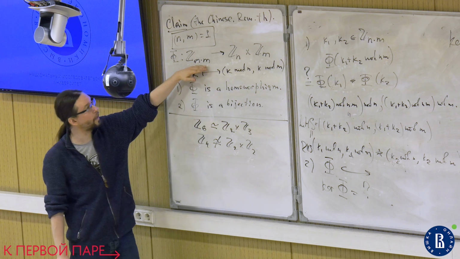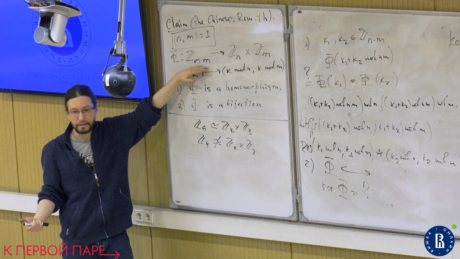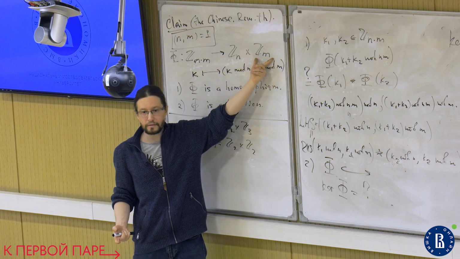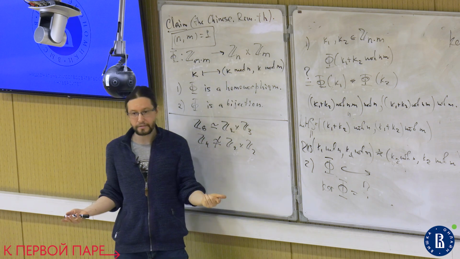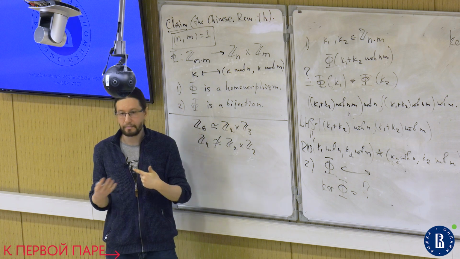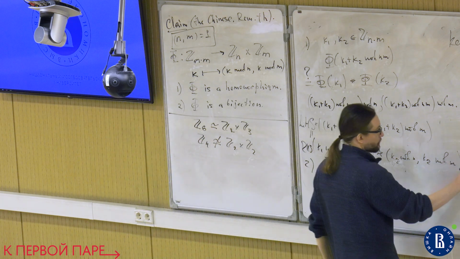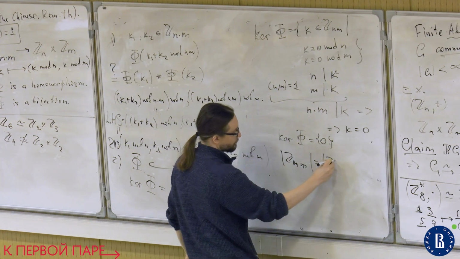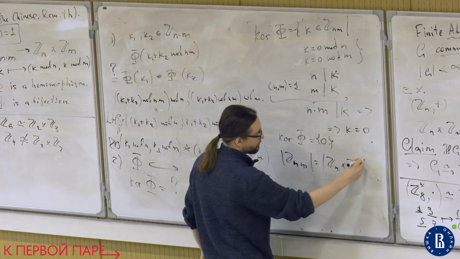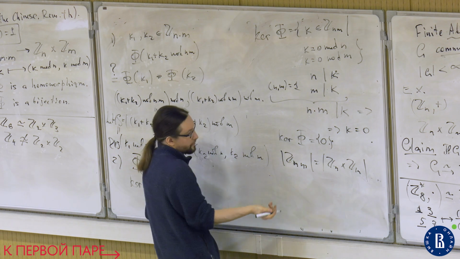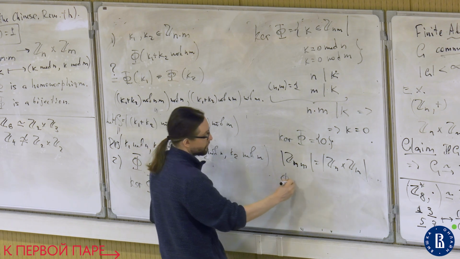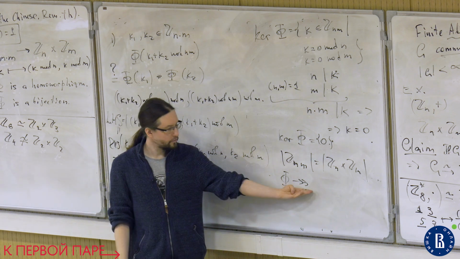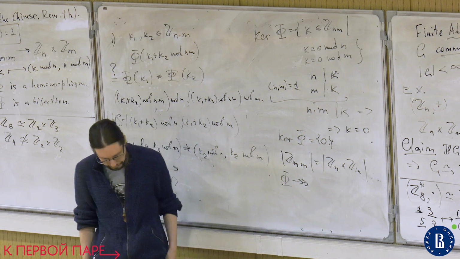How many elements do we have here? n times m, by definition. Here we have n elements, here m elements, and we have n times m pairs. So Z_{nm} has the same number of elements as the other group, and since Phi is injective, Phi is surjective. This is the short way of showing surjectivity.